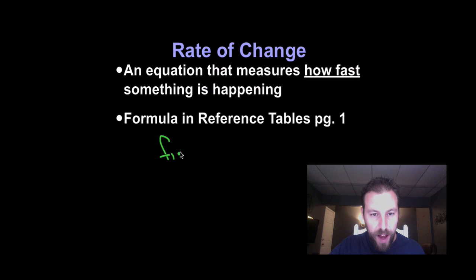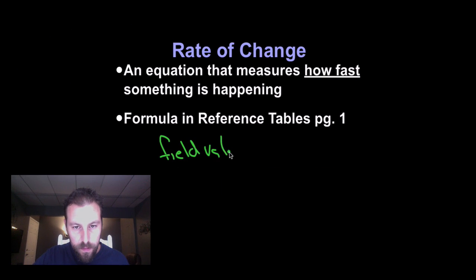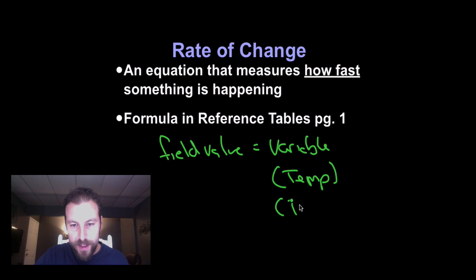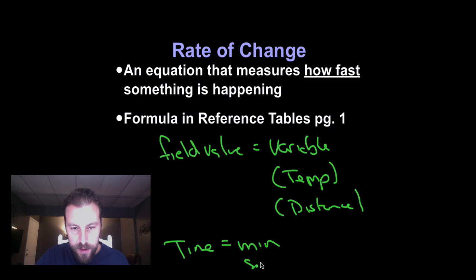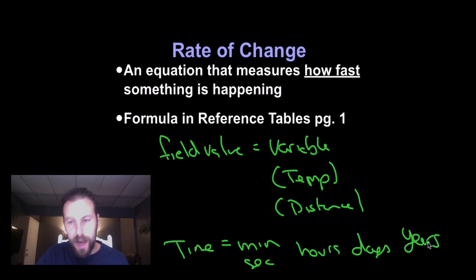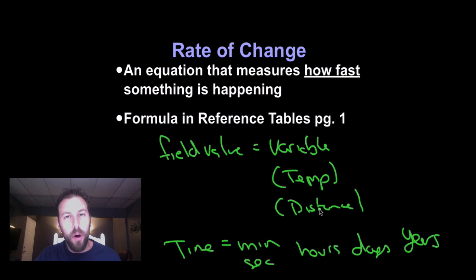Our field value is going to be a variable such as temperature, distance, anything like that. And then of course time could be measured in minutes, seconds, hours, days, years, anything like that. Doesn't really matter. But we're going to be looking at some variable over time.